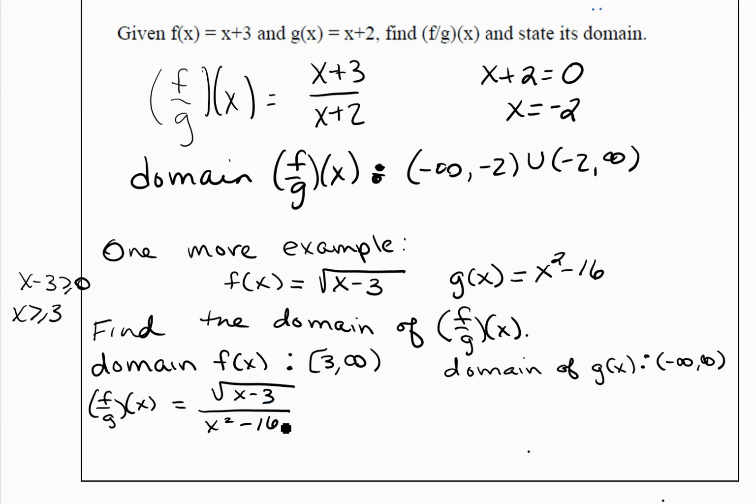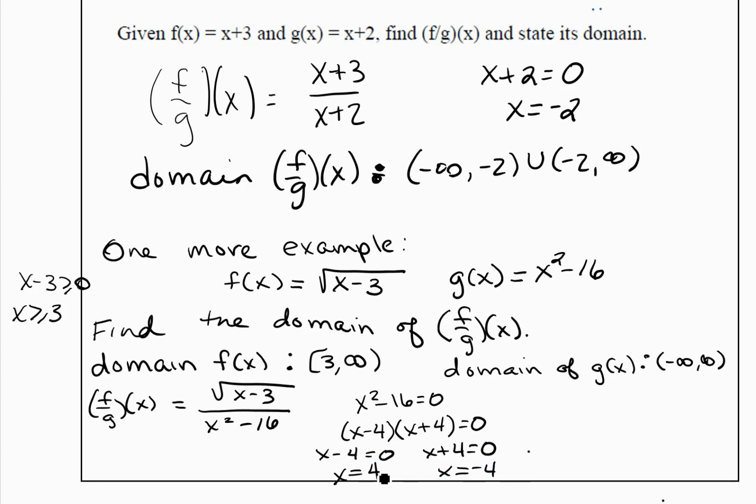If we set the denominator x squared minus 16 equal to 0, this factors as the difference of squares, x minus 4 times x plus 4. If we set each of those factors equal to 0, we'd see that x could not be 4, or x could not be negative 4.